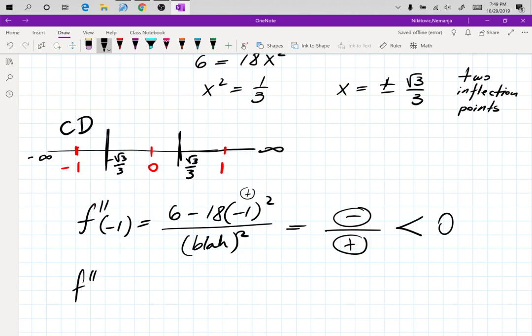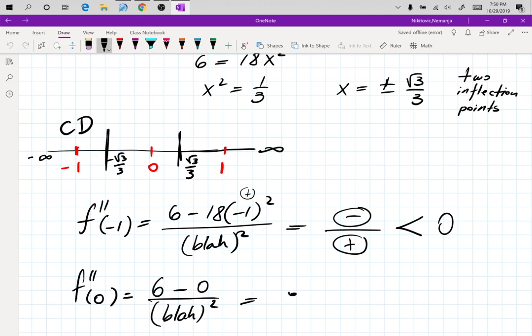Next one. When we use 0, we have 6 minus 0 divided by something positive. So this is 6 divided by a positive number. Positive divided by a positive is positive. It doesn't matter what the denominator is, because it's squared.